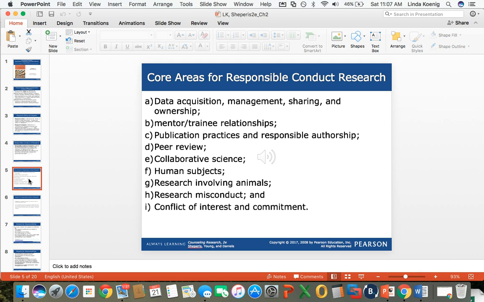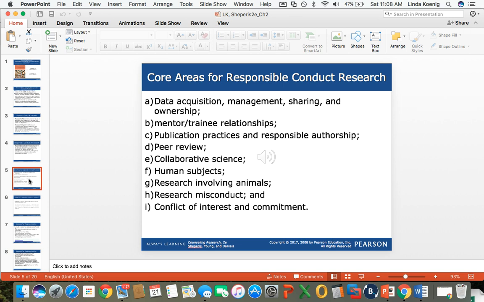We also are responsible for the publication practices and making sure that if we're authoring something, we're giving credit where credit is due, and those types of issues. Peer review, if we're engaged in peer review, that we're accepting that feedback or giving that feedback in a very honest way.